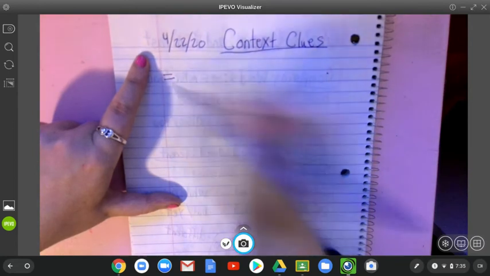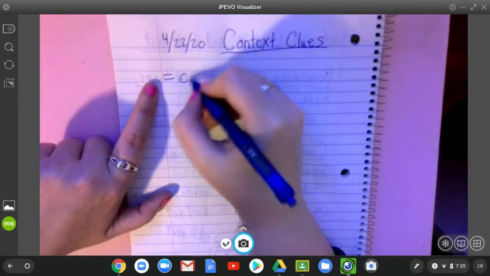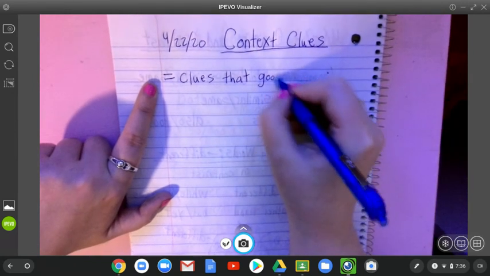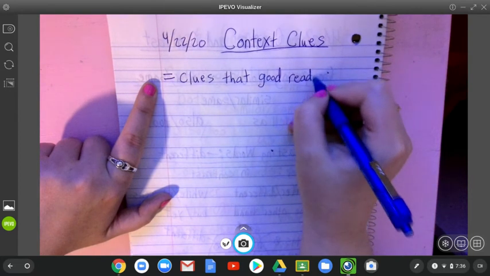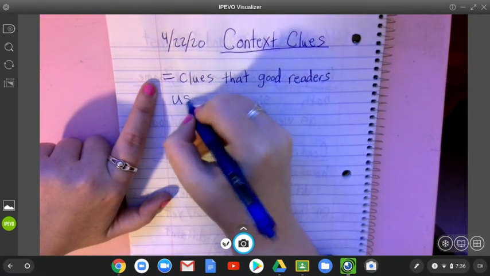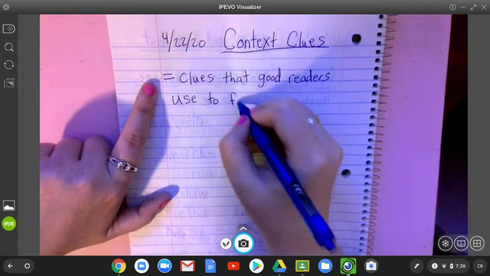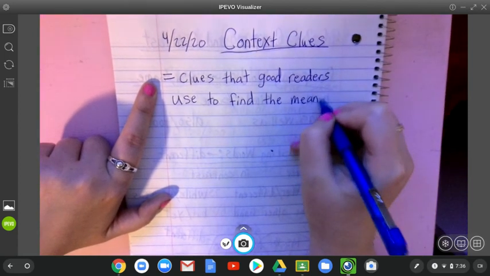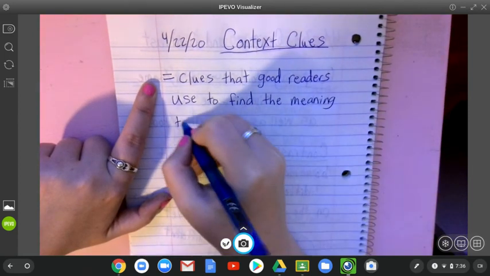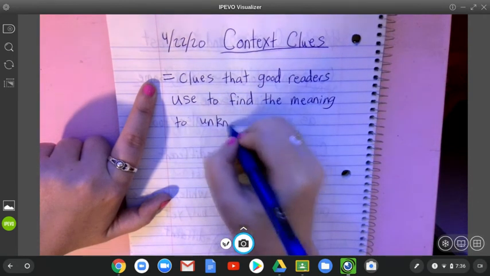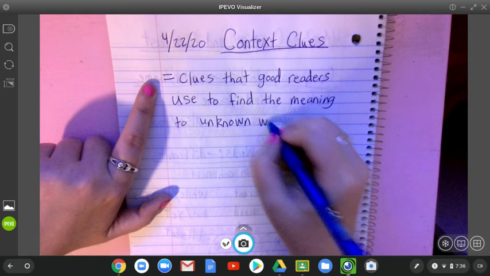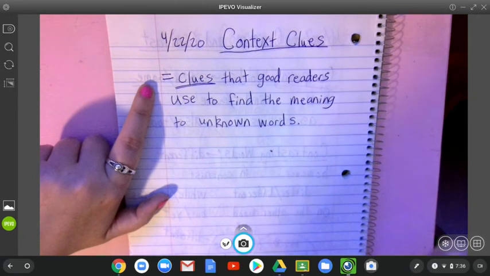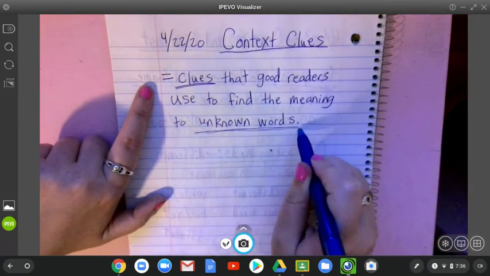Context clues equals, that's their definition, clues that good readers use to find the meaning to unknown words. Okay, so we're looking for clues, and we're going to figure out unknown words.